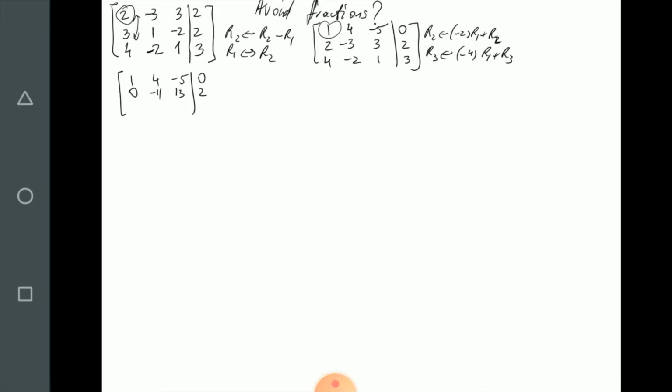Minus 4 times 1 plus 4 is 0. Minus 4, that's 16. So minus 16 minus 2 makes it minus 18. And then minus 4 minus 5, that's 20, plus 1, 21. And then this remains 3, minus 4 times 0 plus 3.